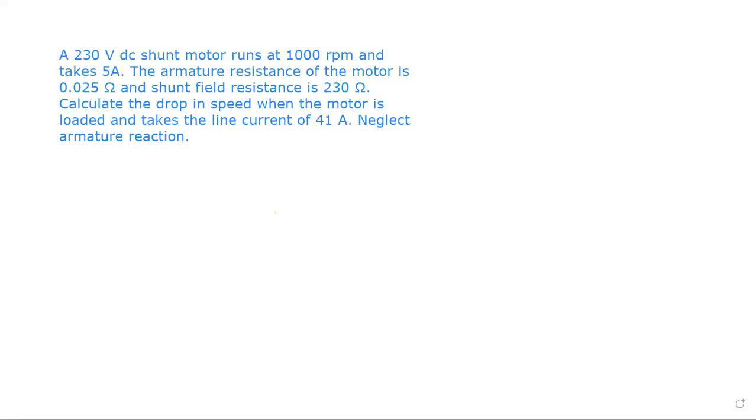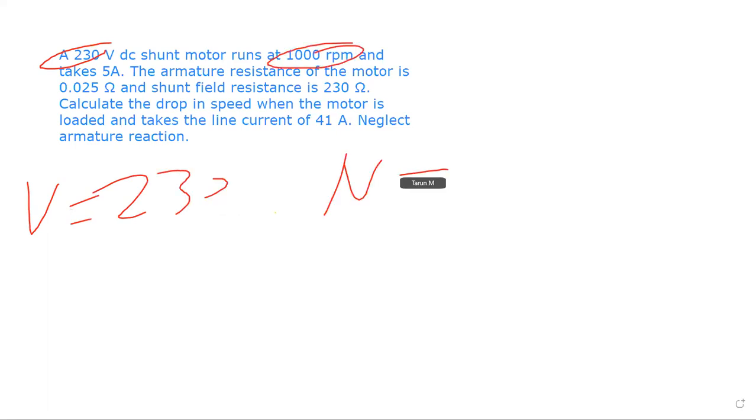So the question is a 230-volt DC shunt motor running at 1000 RPM. First of all, you should write in the problem what all things you have. So first you have the voltage. Voltage is 230 volt and RPM is 1000, so N is 1000. Let's call it N1.